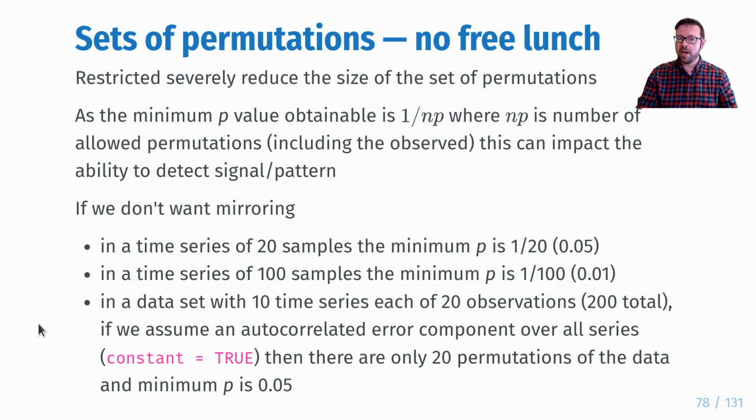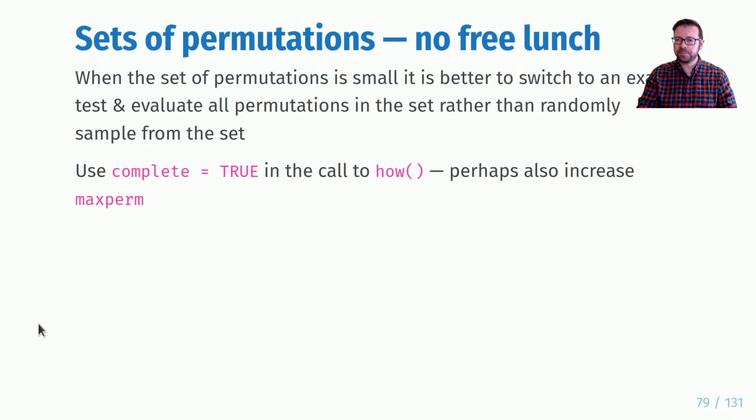So you have to be very careful that you have enough replication in your data set so that your test has enough power to detect an effect. Okay, and if you want to, you can generate all possible permutations, and you can tell it to do that.